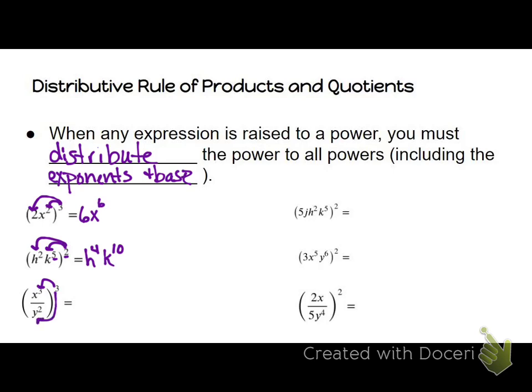When we rewrite that, once we distribute, it's going to be x to the what power? 9. Very good. Divided by or over y to the what? That's 6. Good. Now, because these bases are not the same, there's nothing else that I could do with this.